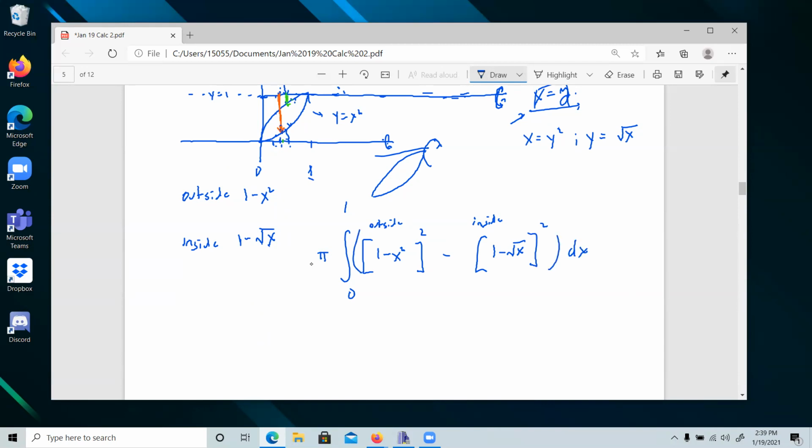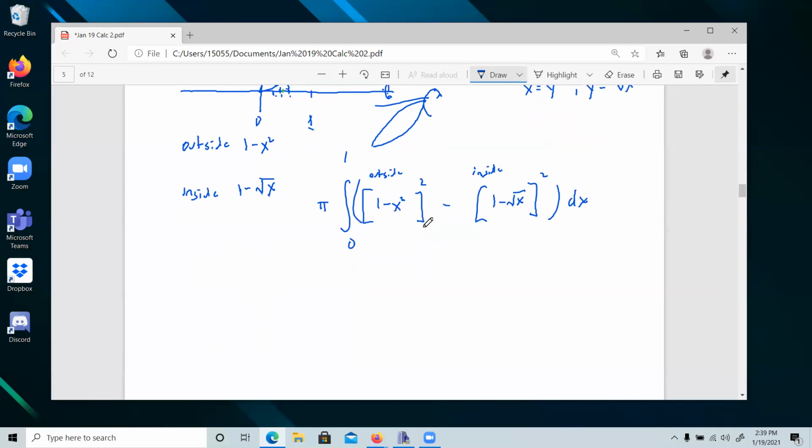Now, you're very happy that you took algebra so many years ago because this is going to be delightful, isn't it? This is going to be good. So, pi, wish me luck. 1 minus 2x squared, because of the 2 x's in the middle, plus x to the 4th. That's the first one, squared.